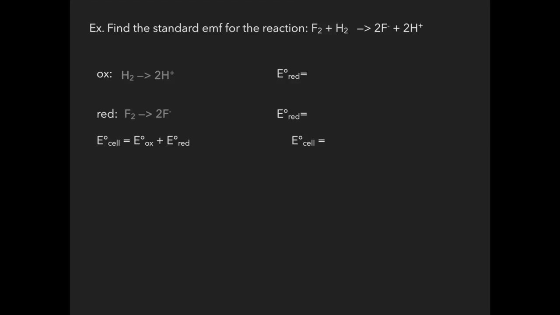So let's say, for example, the reduction potential were 2, then the oxidation would be -2. Okay, but here it's 0. Okay, for reduction, if you look up for fluorine, it's 2.87 volts. And so you would simply add these two values together and you get 2.87 volts for your standard electromotive force or for your standard cell potential.